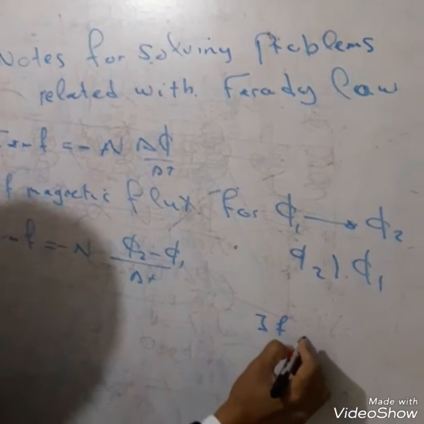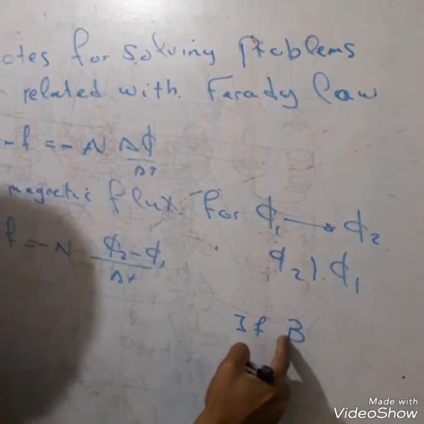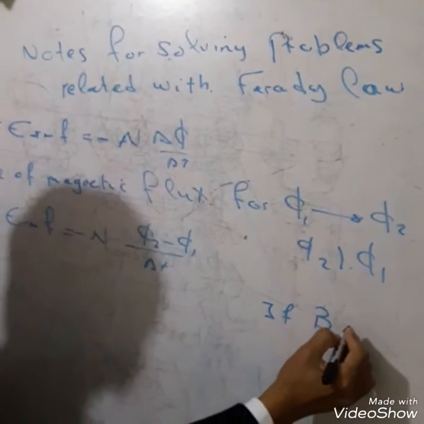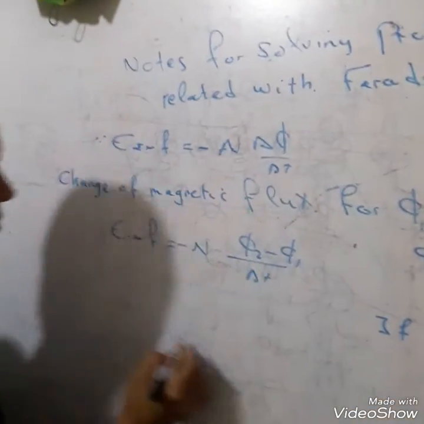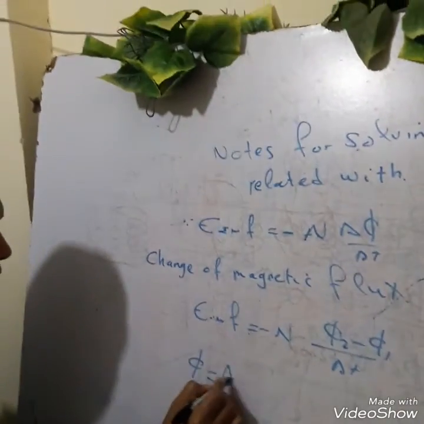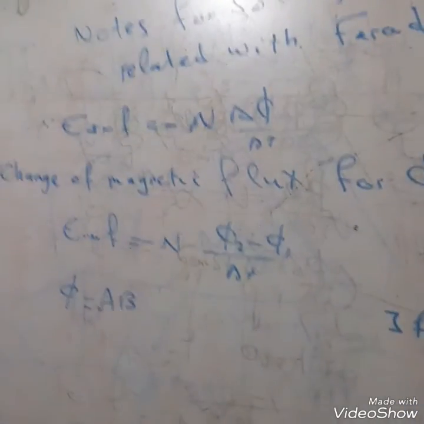If the magnetic field intensity is given, I substitute phi equals AB.